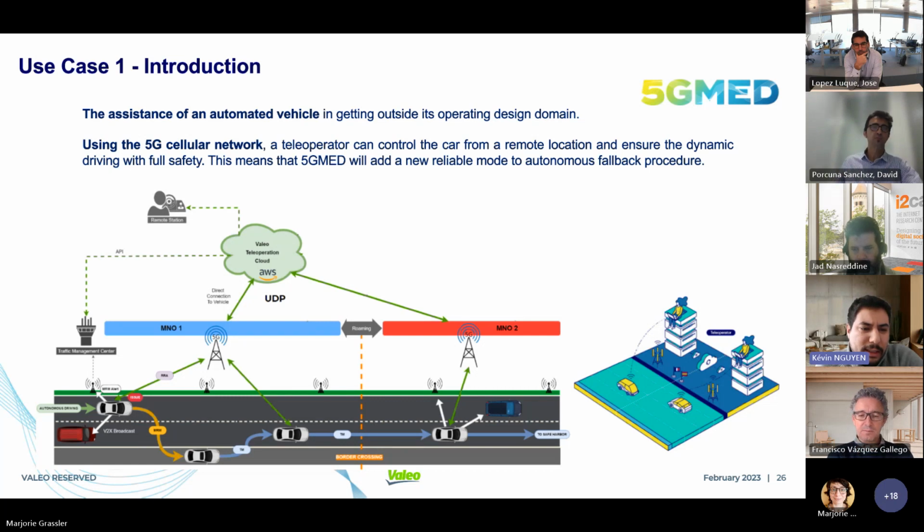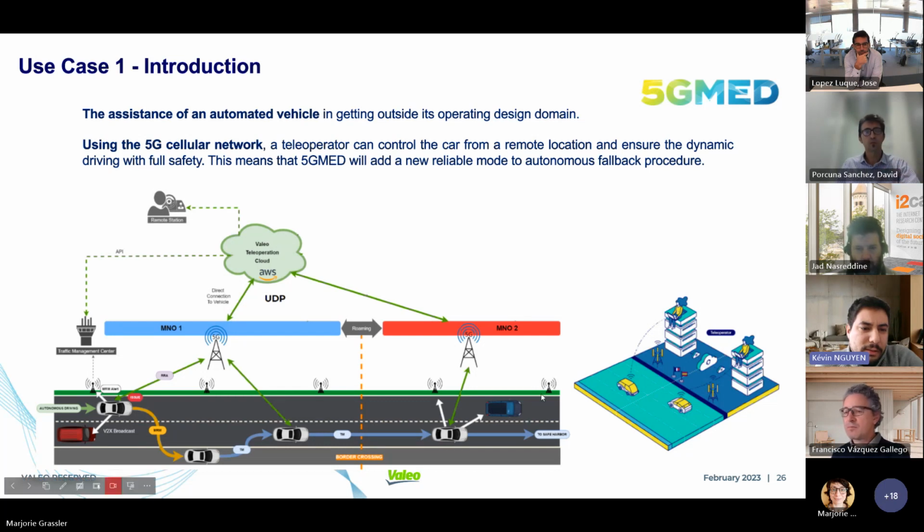Over here, you can see a very simple scheme about the MNO1 and the MNO2, and we will have to proceed with the roaming to bring back the car to a safe board. And during this operation, we have several figures that we have to meet to succeed the roaming during the operation.